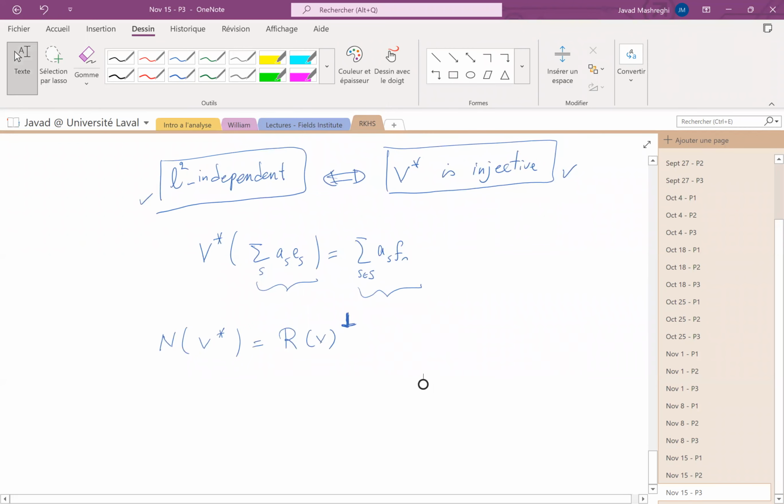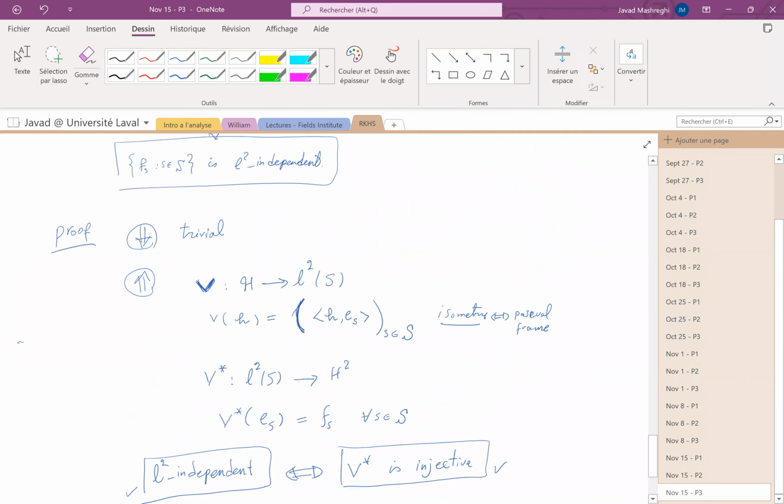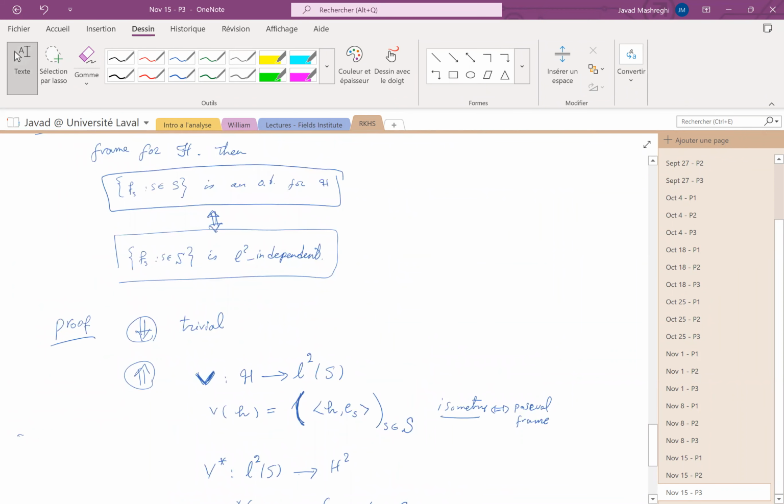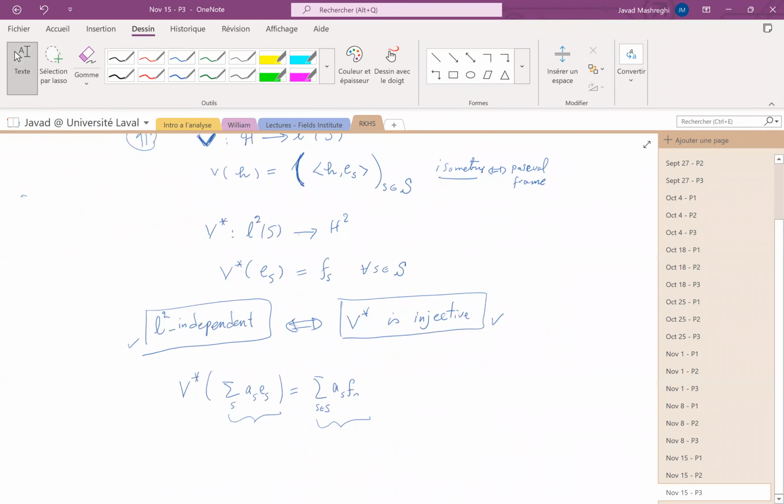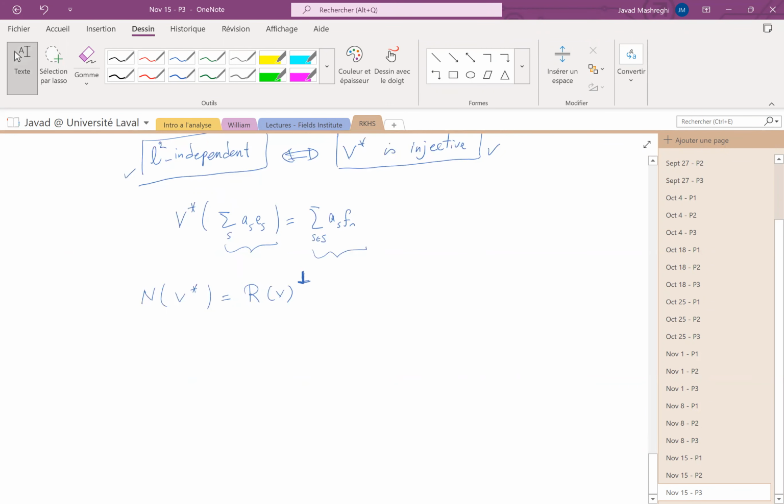And what do we want to prove? We want to prove that L2 independent implies the orthonormal basis. So L2 independent implies that V star is injective, which is the same thing as the null space of V star is equal to just 0.